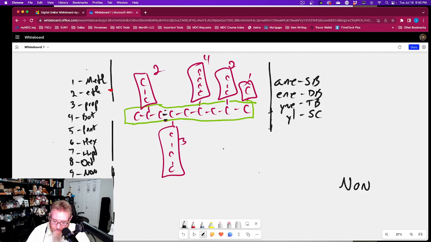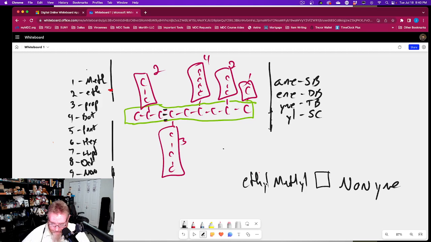There should be a triple bond because I covered over it with the box. Non-9. We're going to need a number here. I'm going to need a number there in a second. Then what do we have? We have a 1. 1 is meth. Side chain, methyl. We have 2 of the 2 carbon side chains.